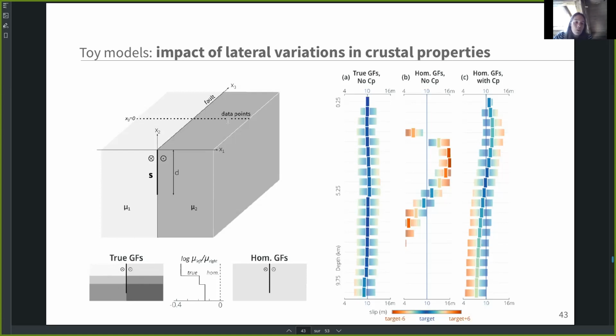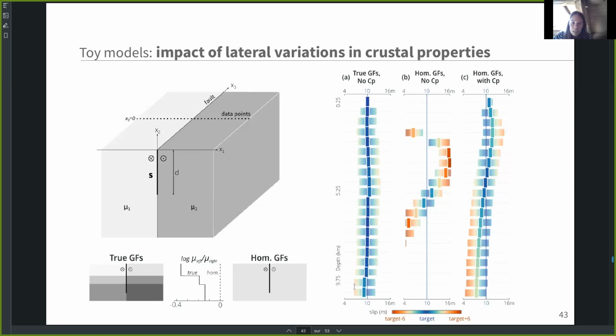We add noise to the measures, and then we try to infer the slip or the dislocation on the fault using different crustal structures. So if we use the same crustal structure that has been used to estimate the surface displacement, that's what is here, then we end up with a nice result.